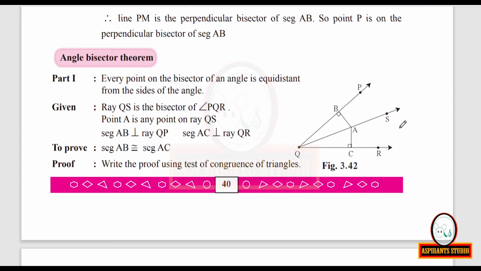You are given ray QS is the bisector of angle PQR. You have to look at figure 3.42. Ray QS is the bisector of angle PQR. Point A is any point on ray QS. We have taken point A to be any point on ray QS.